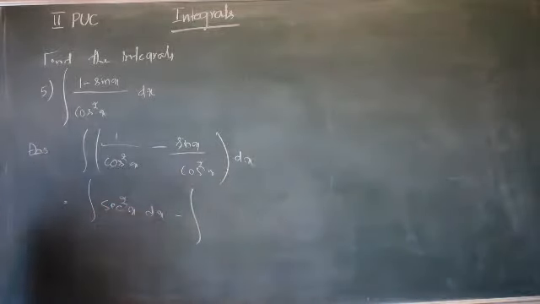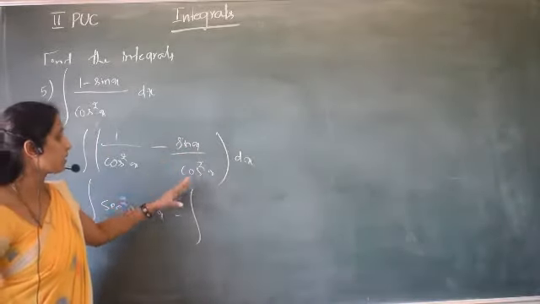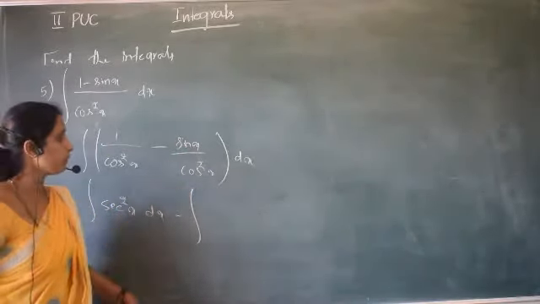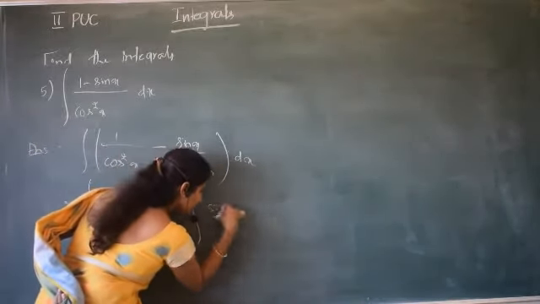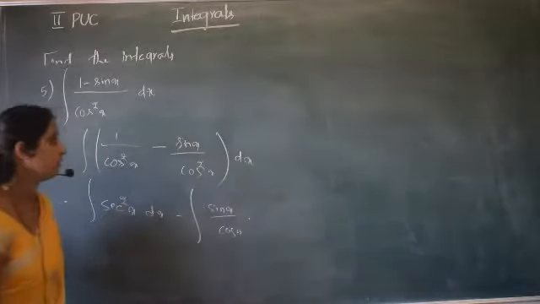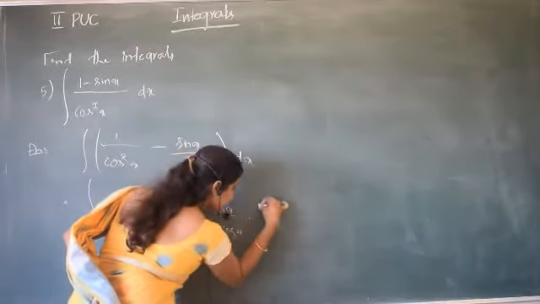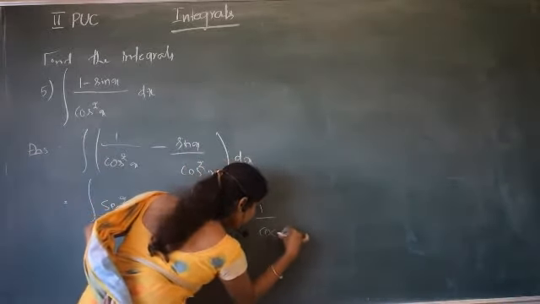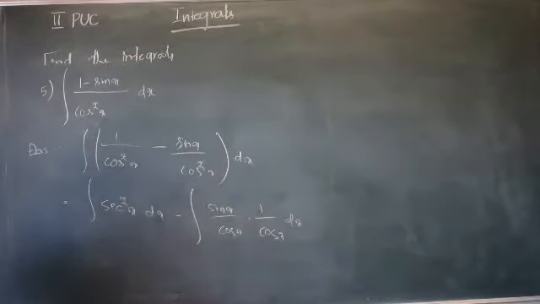Then minus the integral of sin x by cos square x, which I can write as sin x by cos x into 1 by cos x dx.